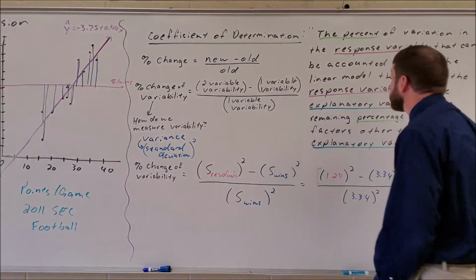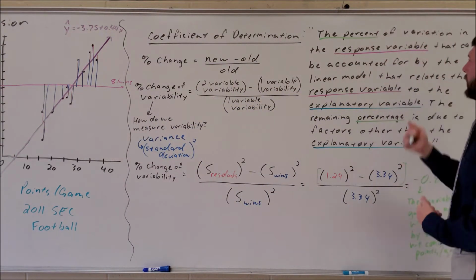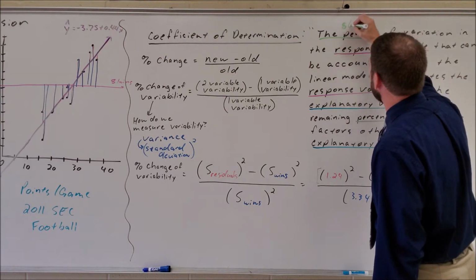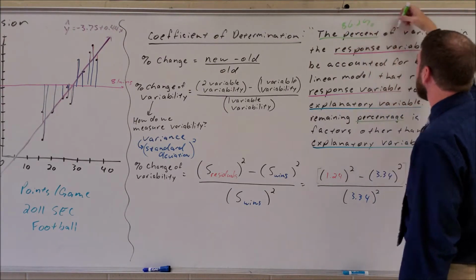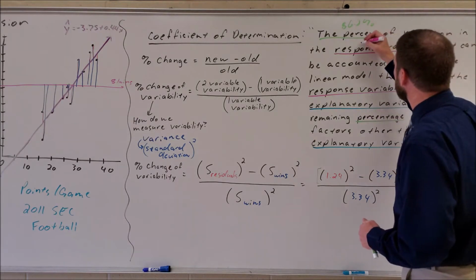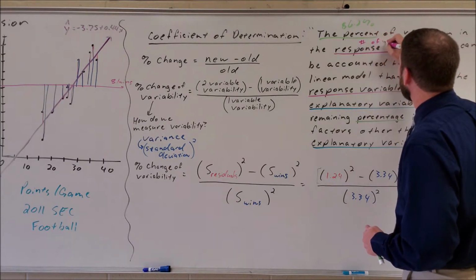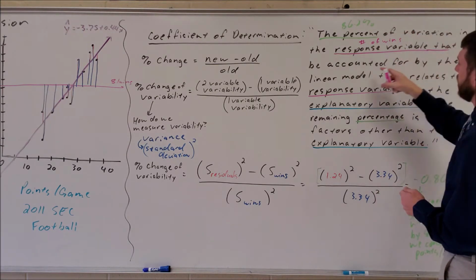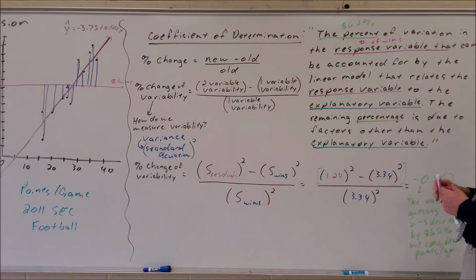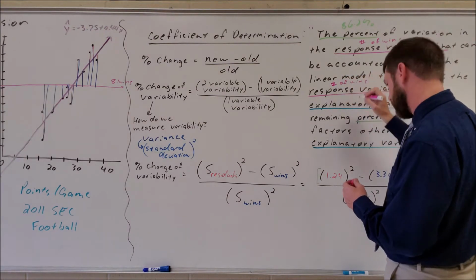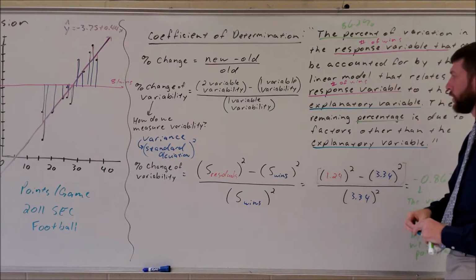So the way we interpret the percent of variation, you could say 86.2% of the variation in number of wins can be accounted for by the linear model that relates number of wins to points per game.